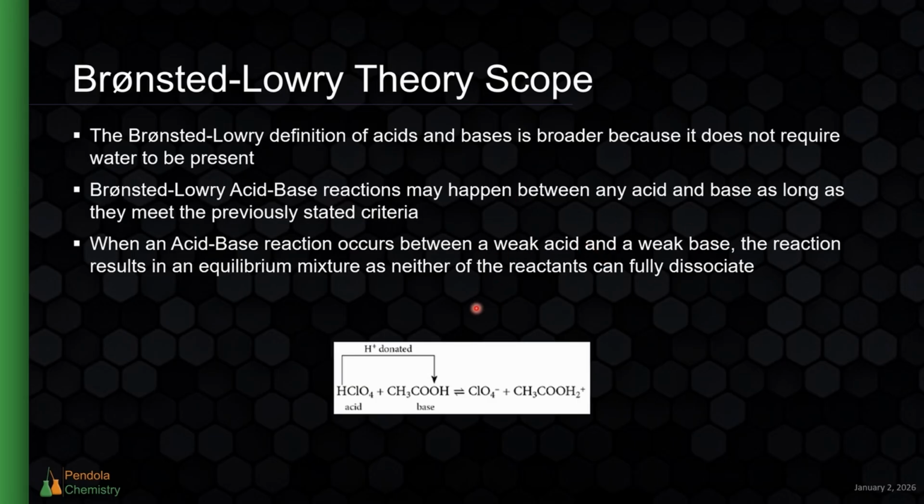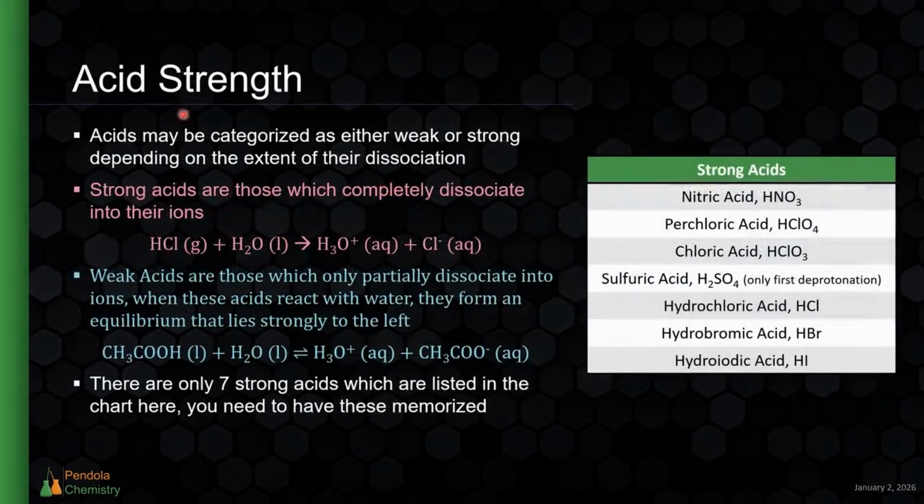There are two classifications of acids and bases. The first is strong. A strong acid is one which is going to completely dissociate into its ions when exposed to water. Acids and bases can both be categorized into either weak or strong, depending on how much they dissociate. A strong acid dissociates completely.